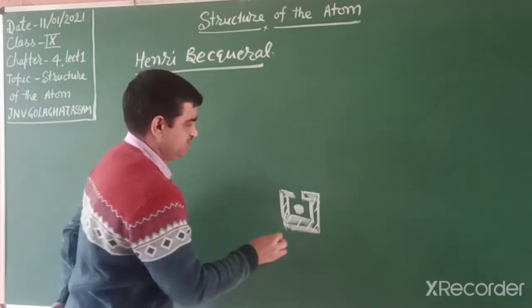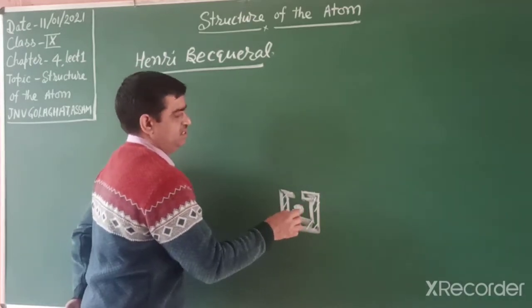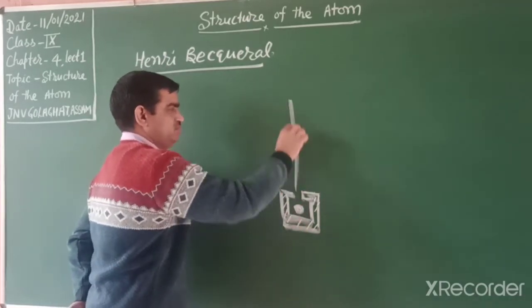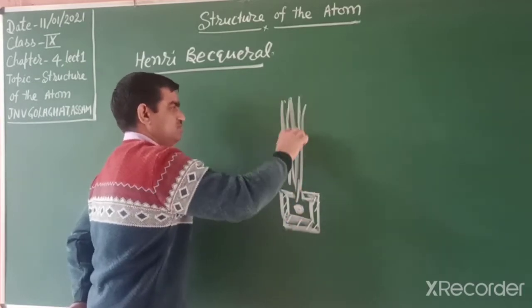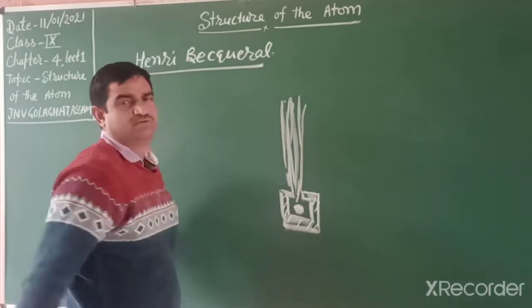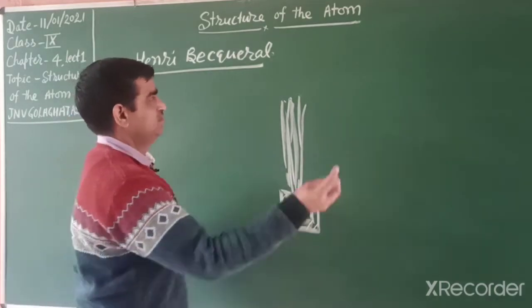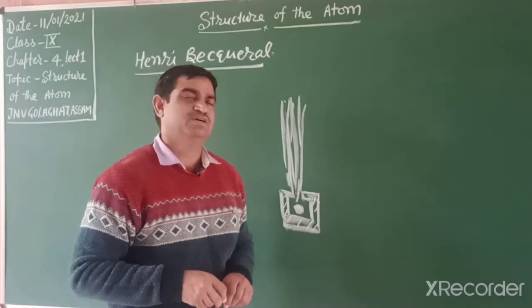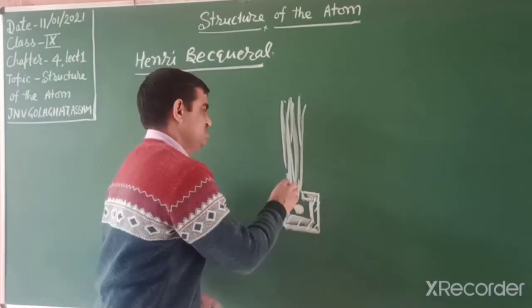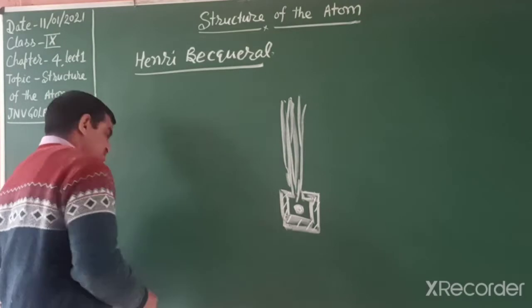So this is a radioactive substance, and the radiations are released out in this way. What type of radiation is it? These radiations are alpha, beta, gamma.